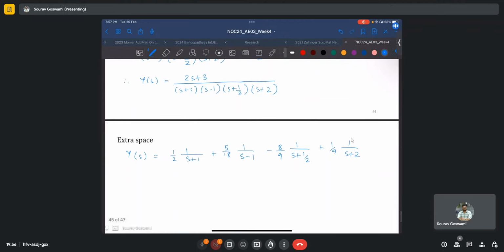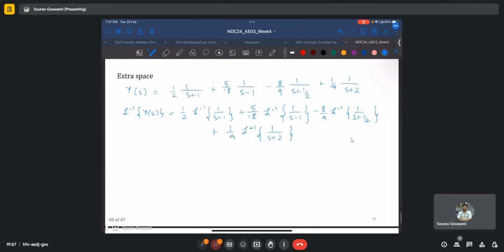And to get back our solution in the t domain, we apply the Laplace inverse to either side. Plus half plus 1 by 9 times Laplace inverse of 1 by s plus 2.